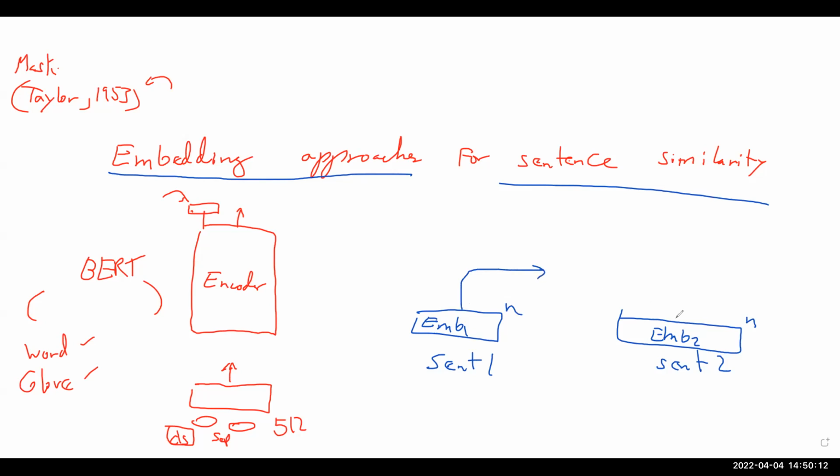Then they go into some type of function, something like the cosine similarity, and this is just going to tell us how close they are. But the embedding can happen in multiple ways, including through BERT, or even better, through a BERT fine-tuned for sentence similarity. Do you guys see that? That makes sense?